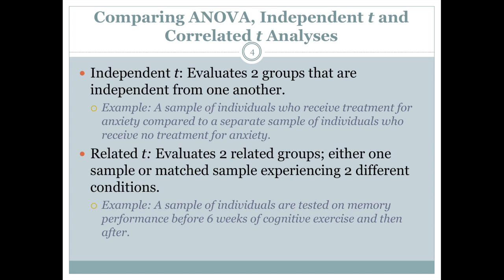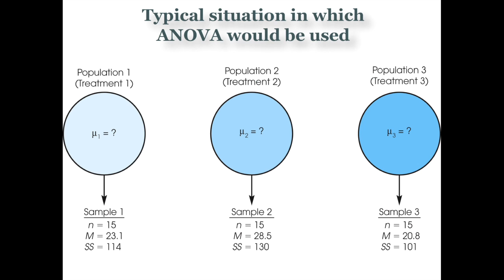And then with a related sample t-test, you're looking at the relation between 2 groups, so either a repeated sample or a matched sample, right? And so this might look like a sample of individuals are tested on memory performance before 6 weeks of cognitive exercises, and then again after they have those cognitive exercises. And we're going to see, is there a difference in that score?